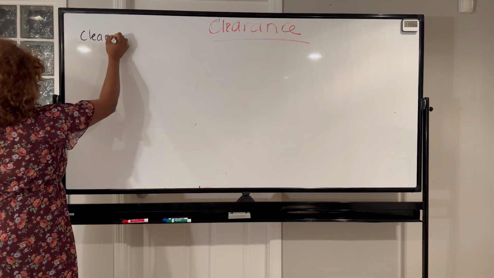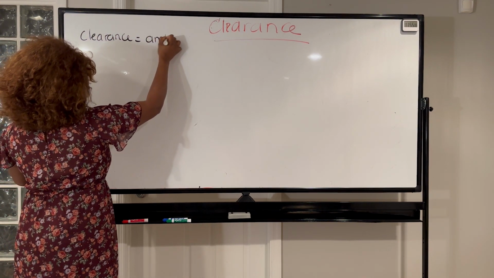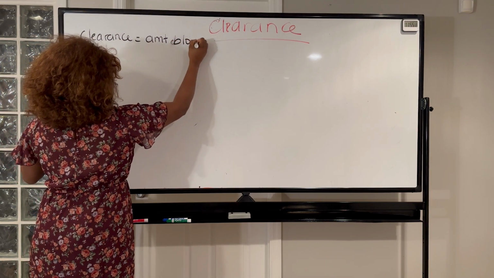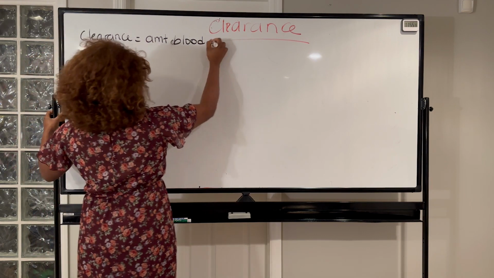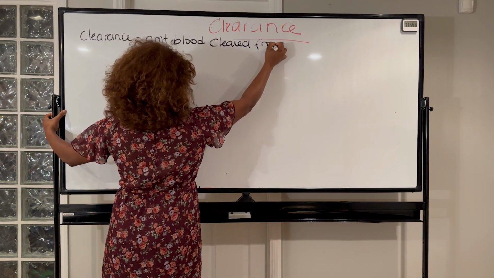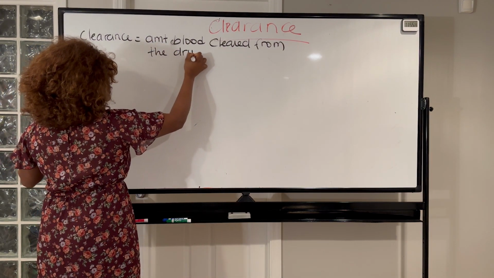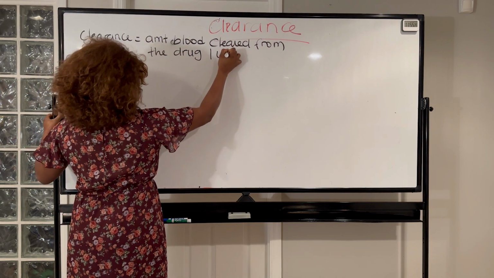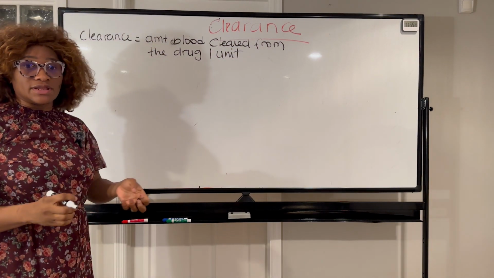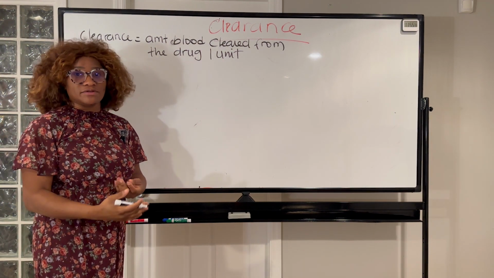Clearance, this is just a basic definition, is the amount of blood cleared from the drug per unit of time. This definition is really important because it's going to help us talk about the determinants of clearance.